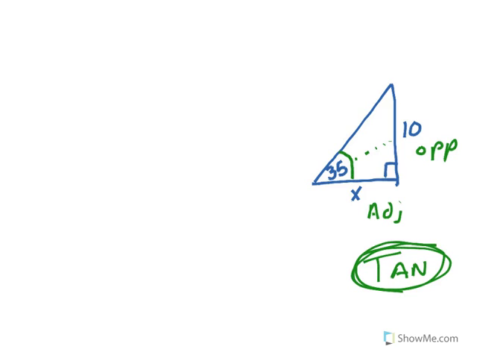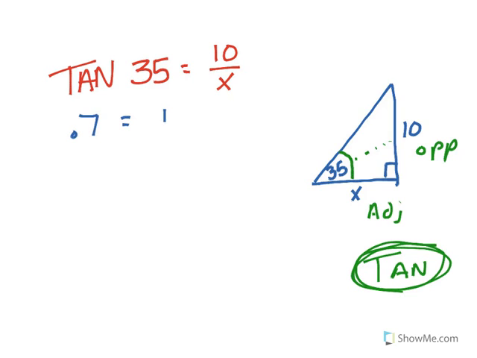So I'm going to say tan of angle 35 equals opposite, and here we have another variable on the bottom. So tan 35, 0.7 is fine here because I got a bunch of zeros in there, equals 10 over x.